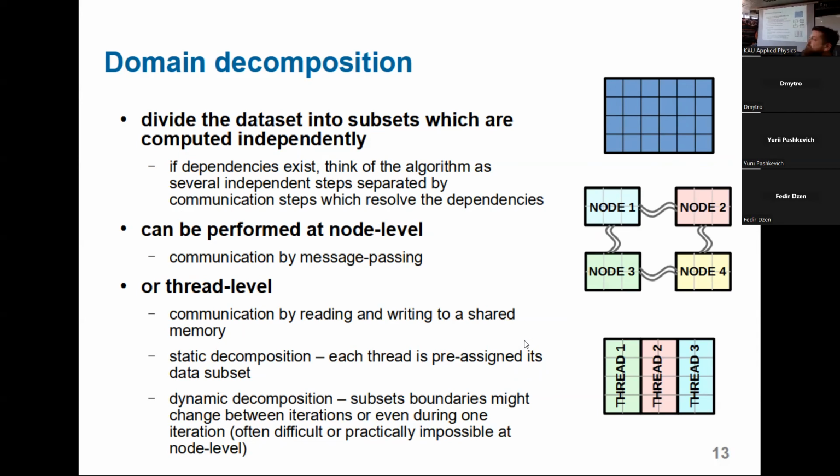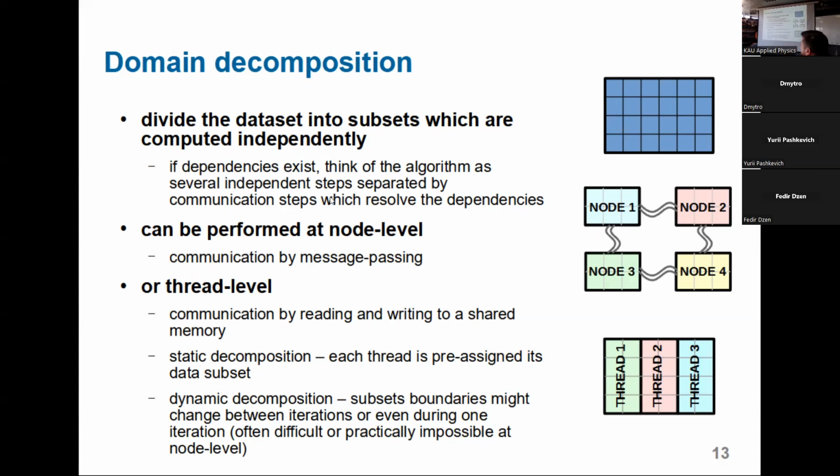So first, subsets which are computed independently. So what if some dependencies actually exist? If they do, you try to rethink the algorithm in independent steps, which are separated by some communication step that resolves the dependencies.